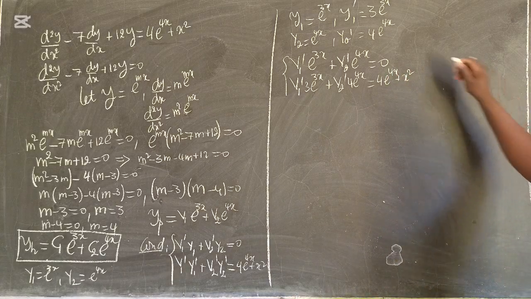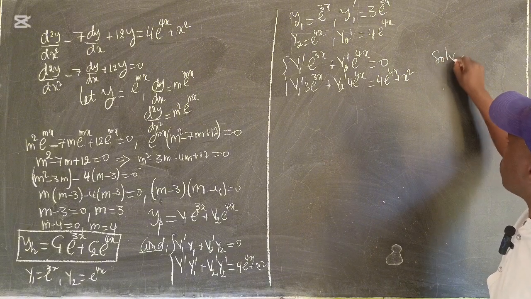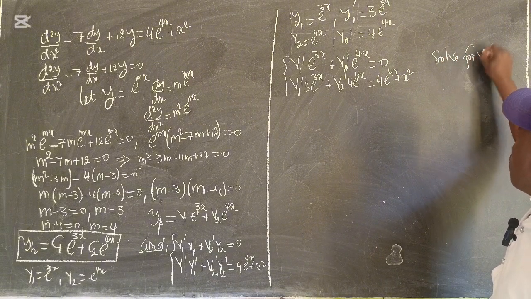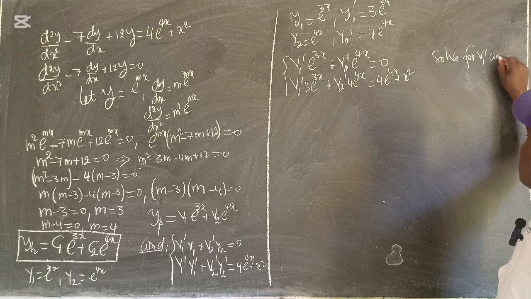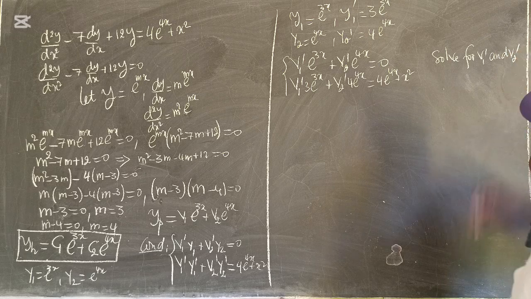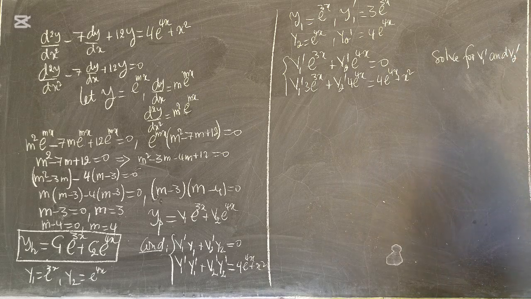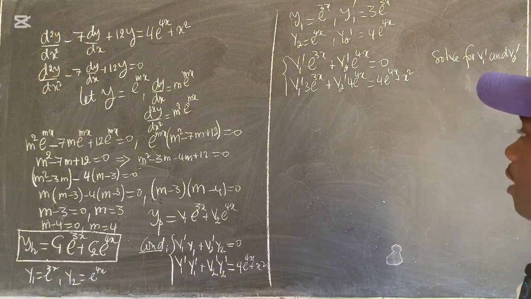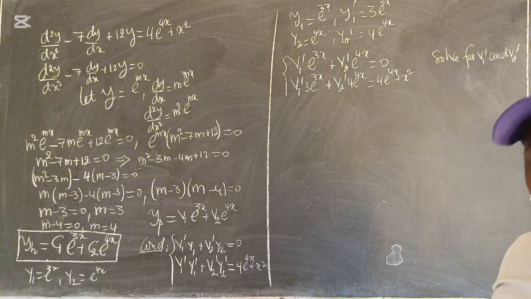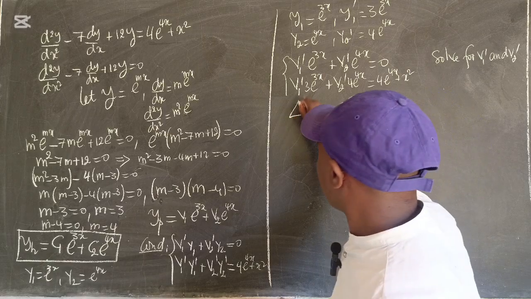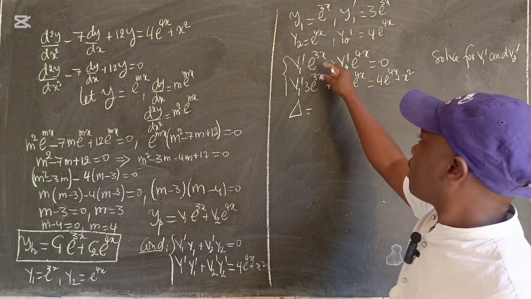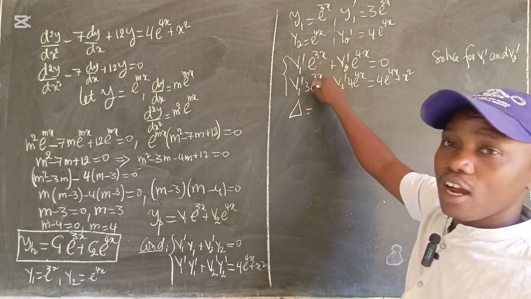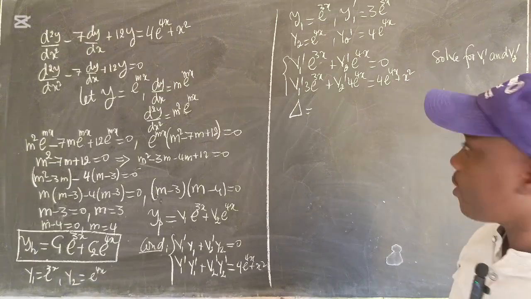Okay, here we need to solve for v1 prime and v2 prime. Here we use the discriminant method. The discriminant will have these functions as constant functions.